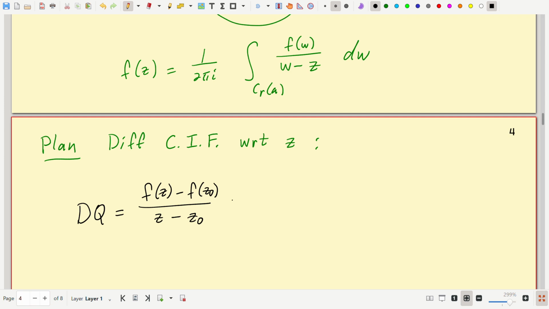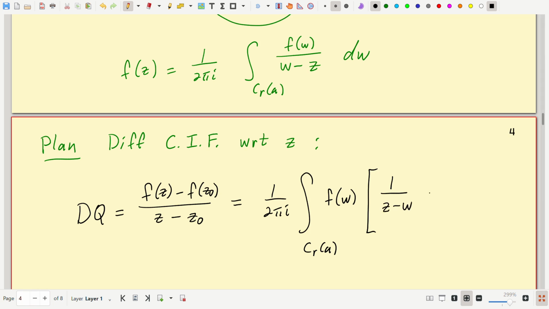When I write the difference quotient, 1 over 2 pi i would float along in both, and then I'd get an integral. F of w is going around, that's a parameter. But then the z's appear: 1 over z minus w would be the first one, and 1 over z naught minus w would be the second one.